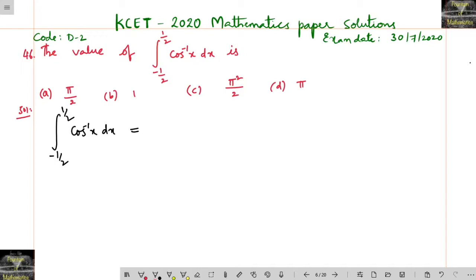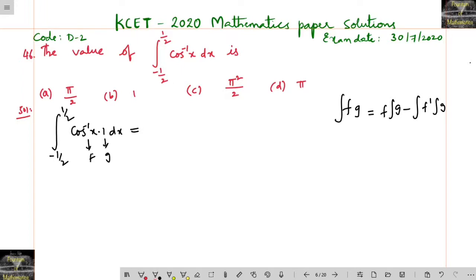So we can apply integration by parts here: integral of f g equals f times integral of g minus integral of f dash times integral of g. Here we take cos inverse x as f and 1 dx as g, according to the ILATE rule.